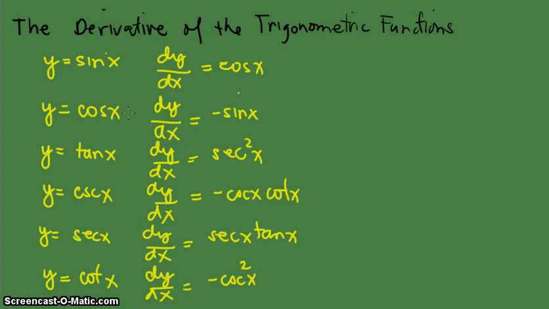So take a look at cosine. Cosine starts with letter C, so I expect the derivative to be negative. Now let's find another function that starts with letter C, cosecant. So we can expect that the derivative is negative. Another function that starts with letter C is cotangent. That is why the derivative is negative. So again, that's just a way for me to remember it.